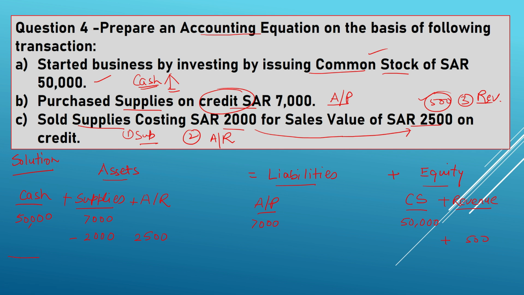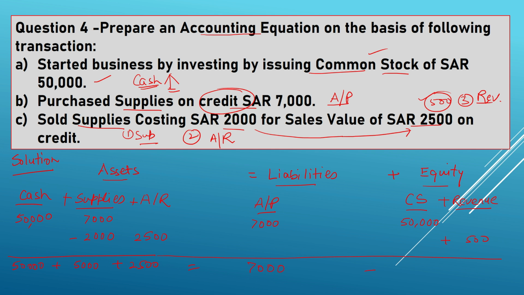After that I will make the balance of all, and we should check whether it is equal or not. So 50,000 we get in the cash column. Okay, then 7 minus 2, that is 5,000 here under the supplies, then 2,500. Okay, make the total of the three. We get 50 plus 5 plus 2,500, and under the liability we have 7,000.